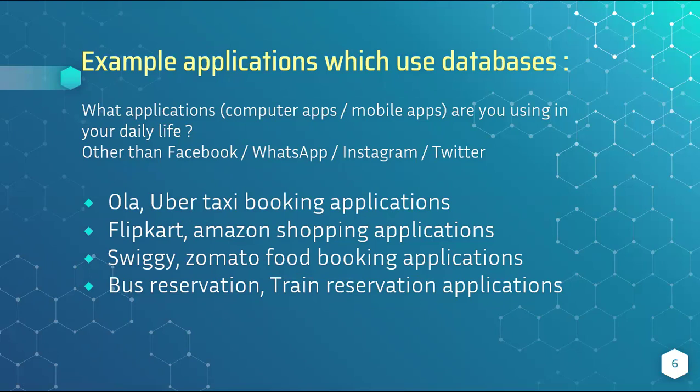What data will we have in Ola or Uber? Do you have the Ola or Uber app in your mobile? What activities will you do? First you will register with your mobile number and email ID. Registering means it will make an entry in the customer's table. You will book a taxi, so the booking request will go to the bookings or orders table.